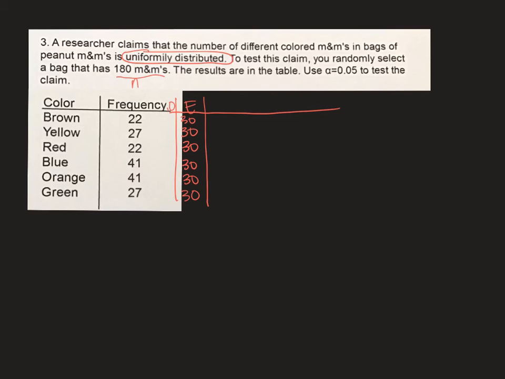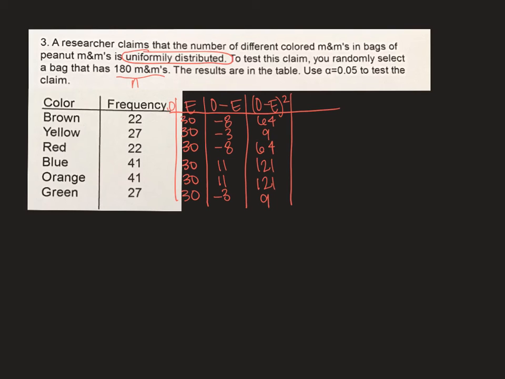So now we can do our observed minus our expected. And then square those. And then divide those by the expected.